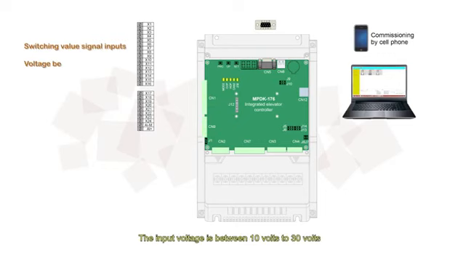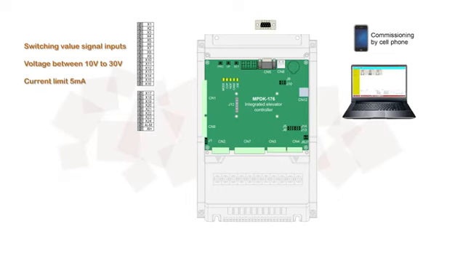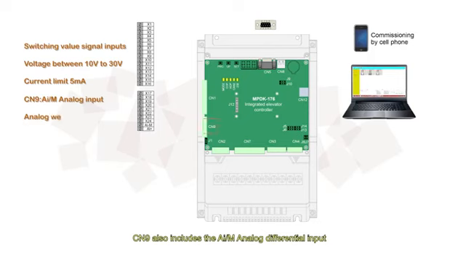The input voltage is between 10 volts to 30 volts, and the input current limit is 5 milliamperes. For these input terminals, the parameters are defined from F5-01 to F5-24. CN9 also includes the REM analog differential input, which can be used for analog weighing devices.